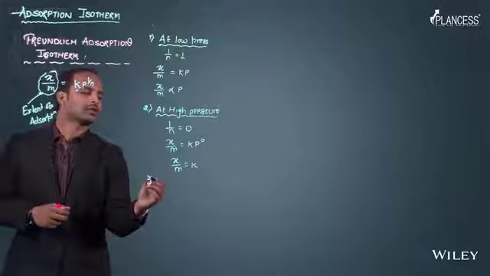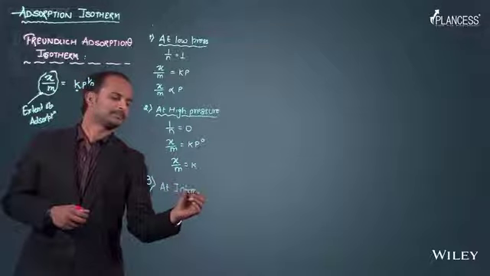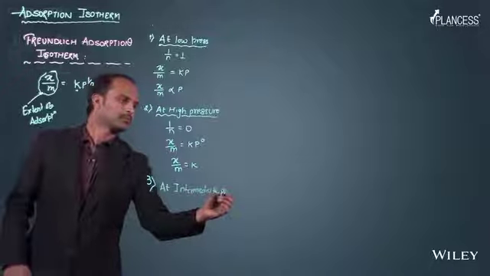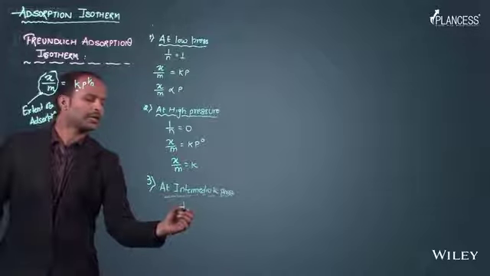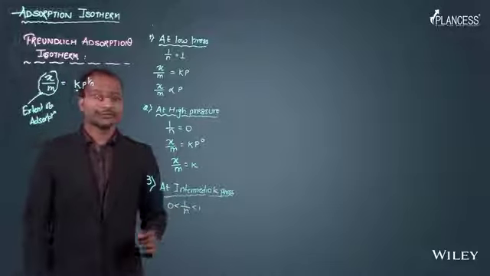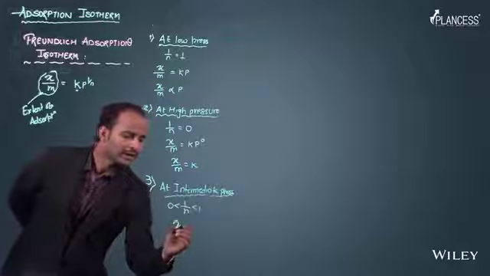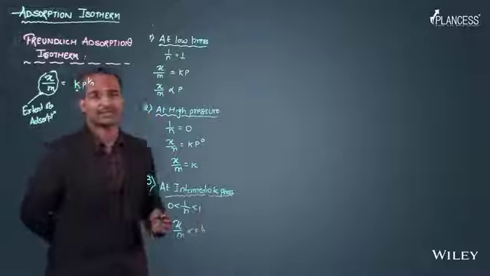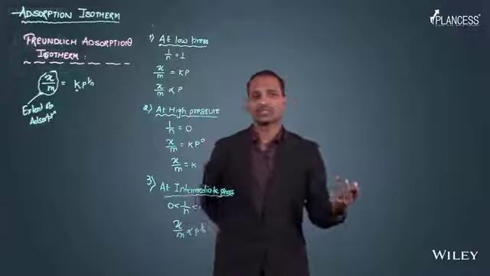Then what happens at intermediate pressure? At intermediate pressure, the 1 upon n value is greater than 0 but smaller than 1, and then x upon m is directly proportional to pressure raised to 1 upon n, that is, the extent or rate of adsorption is directly proportional to the pressure with some fractional power.